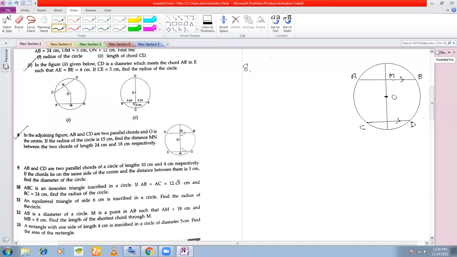Okay, this is the figure and these two angles are given to you as 90 degrees. Fine. Now let's read the problem.